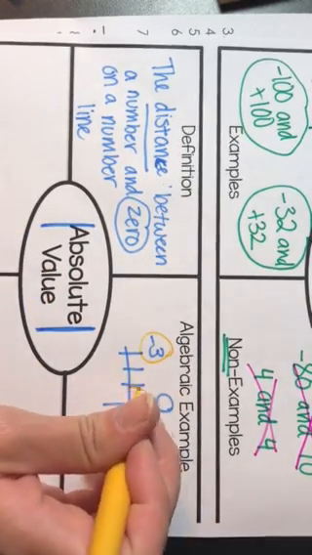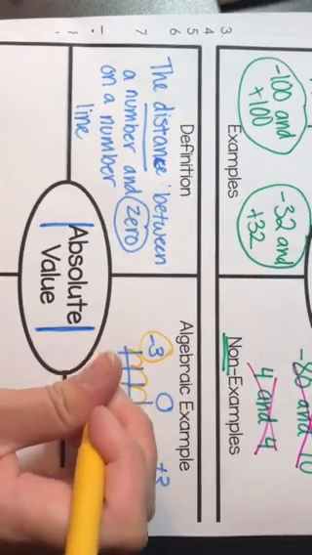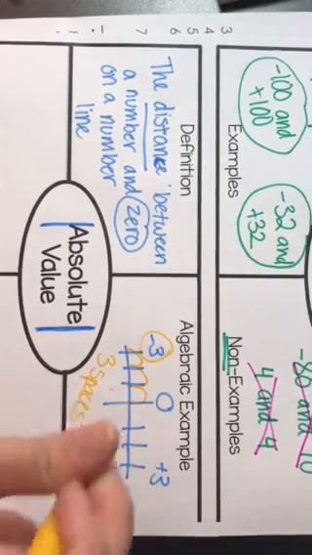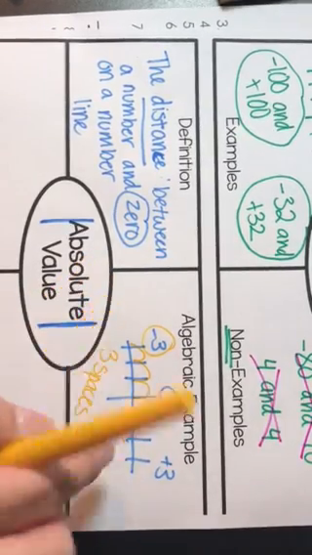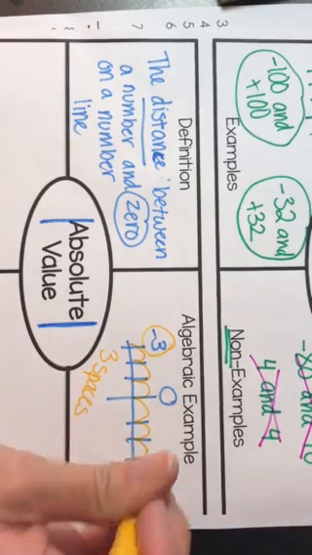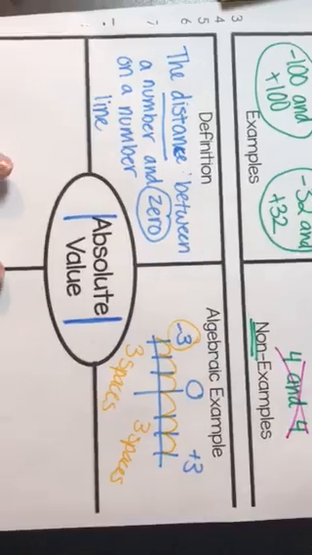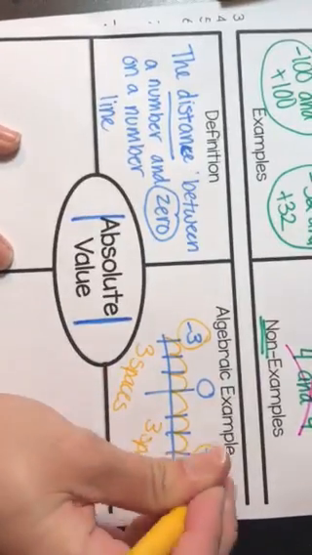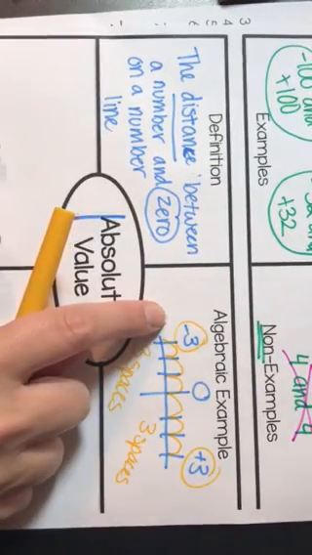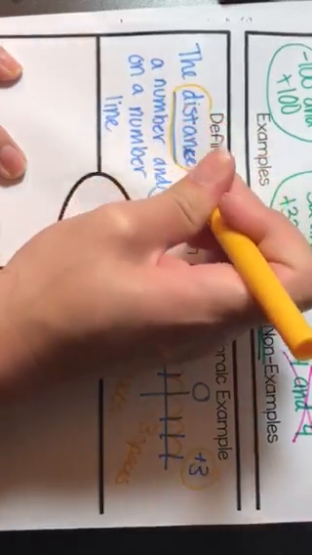Let's see. 1, 2, 3. 3 spaces. I'm going to do the same thing with this positive side. 1, 2, 3. 3 spaces. It does not matter if the number is positive or negative because it's measuring distance.